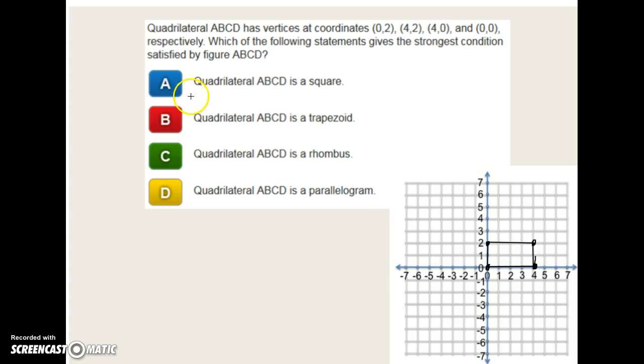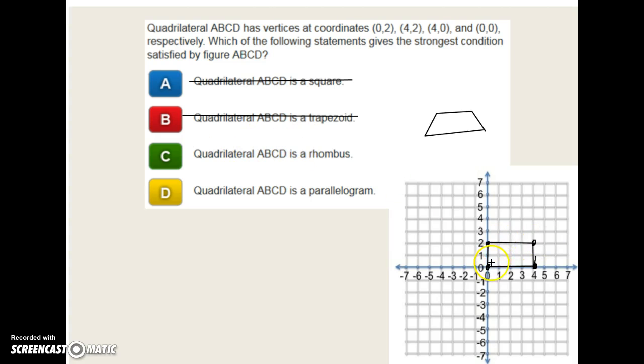Looking at these options, is it a square? Well, I know it's not a square because not all the sides are the same. A trapezoid? No, this is not a trapezoid because trapezoids are shaped similar to this. A rhombus is like a square, but it's more diamond shaped, where all of the sides are the same, but not necessarily at right angles.